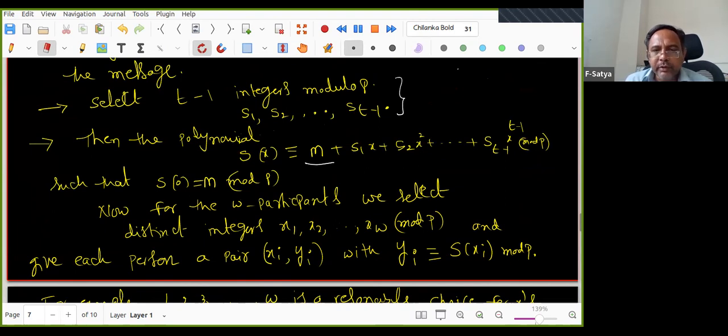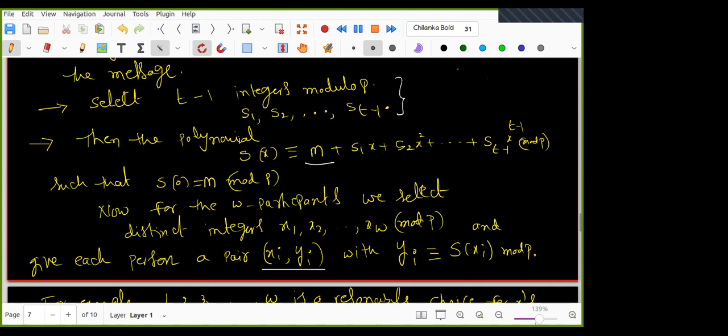So we choose distinct integers x1, x2, xw modulo p, and we substitute them in this polynomial. Then we give it to the W participants. We are giving this pair only. This pair satisfies this polynomial: when I substitute xi, I get yi. Is it okay, Mehak?